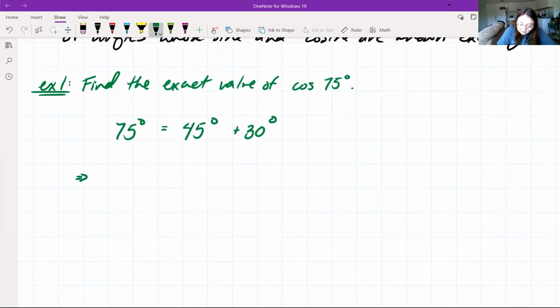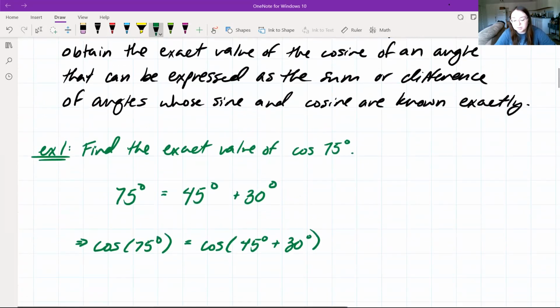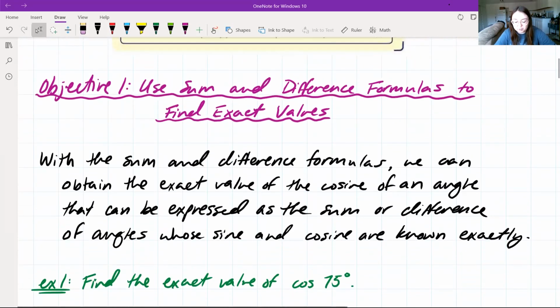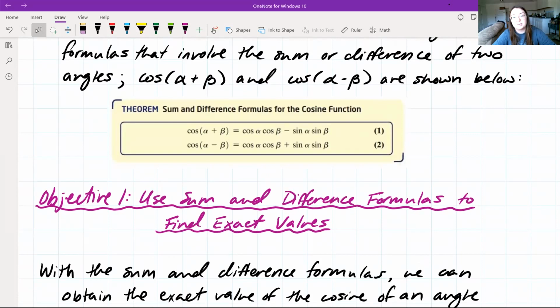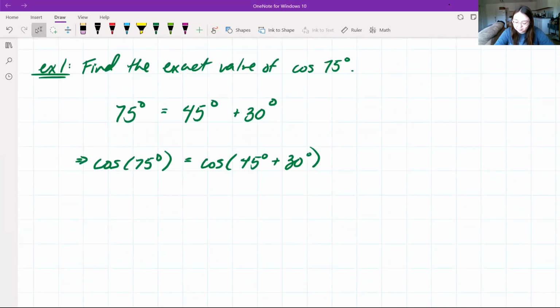This means that we can now express cosine of 75 degrees as cosine of 45 degrees plus 30 degrees. And now we can use our sum formula to express it as cosine of 45 degrees times cosine of 30 degrees minus sine of 45 degrees times sine of 30 degrees.